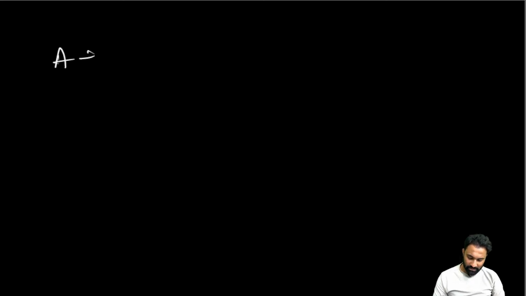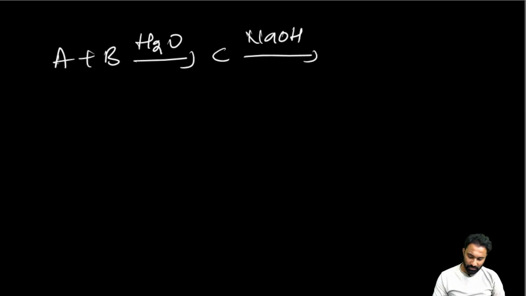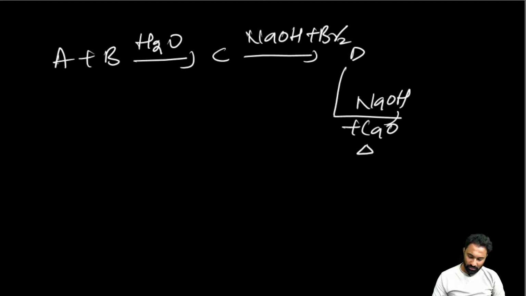Here A plus B upon H2O gives C. C upon NaOH plus Br2 gives D. This D upon NaOH plus CaO heating gives benzene. Done? Clear?